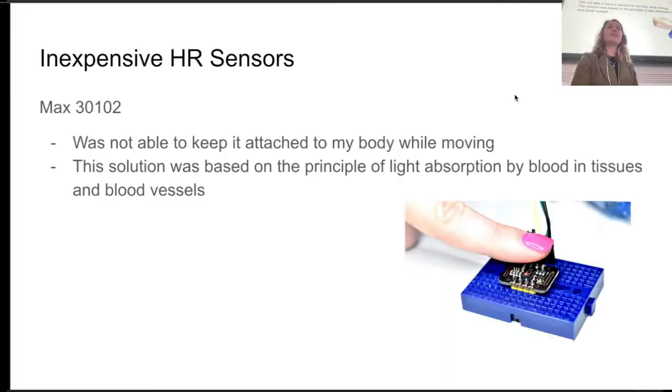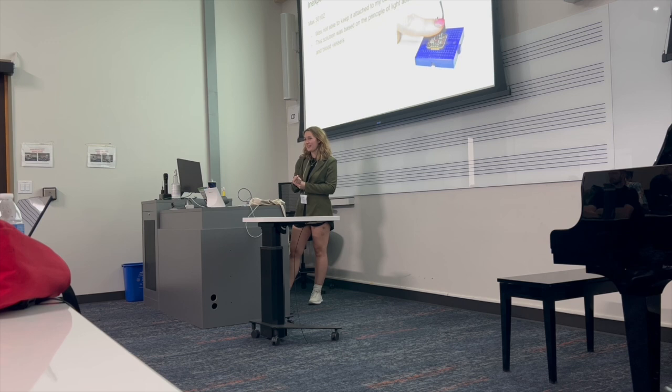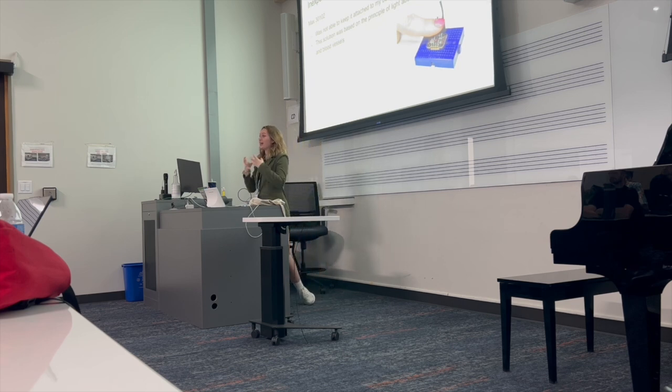I also tried the lower cost version of heart rate sensors, but I wasn't able to keep them attached to my body while I was moving. Something about the way that they work is through light. I just wasn't able to keep them at that precise point on my wrist with the precise light level that I coded in Arduino IDE.